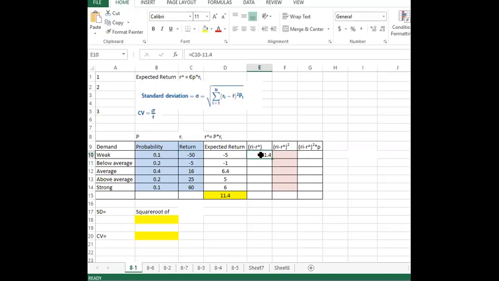So we deduct R hat from Ri, and then in the next step we take square of it, means Ri minus R hat whole square. And in the second last step, we multiply Ri minus R hat whole square with probability.